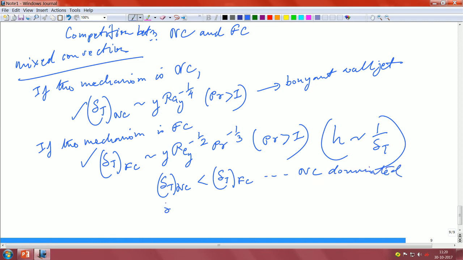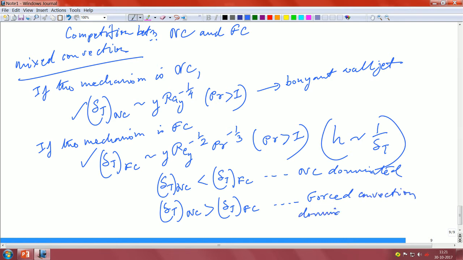On the other hand, if delta T NC is greater than delta T FC, then it is a forced convection dominated situation. Got it?